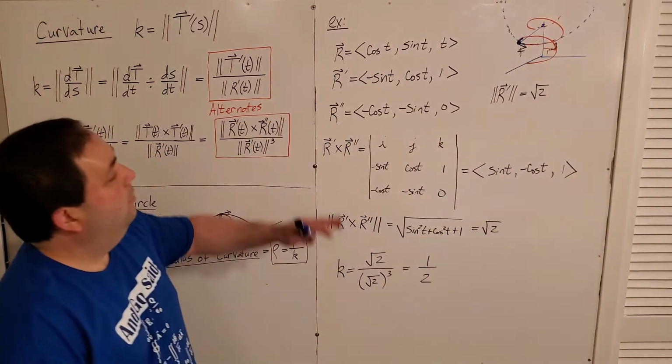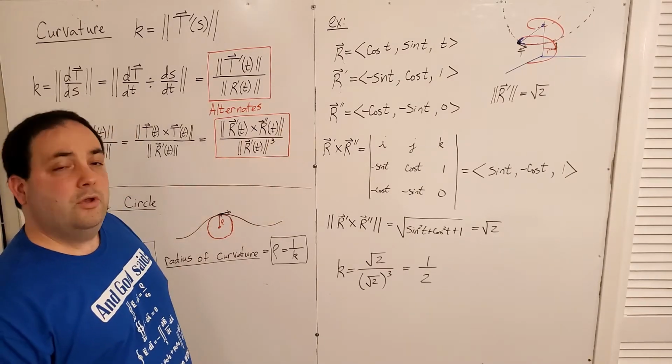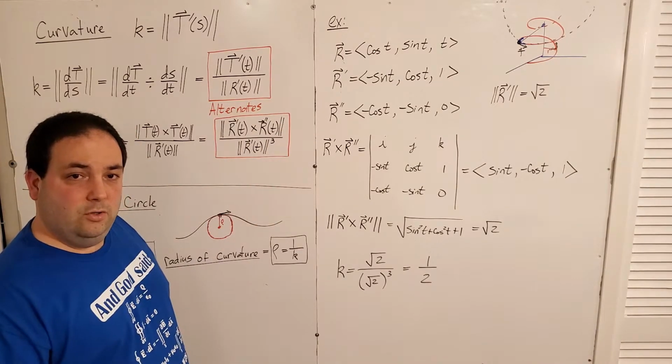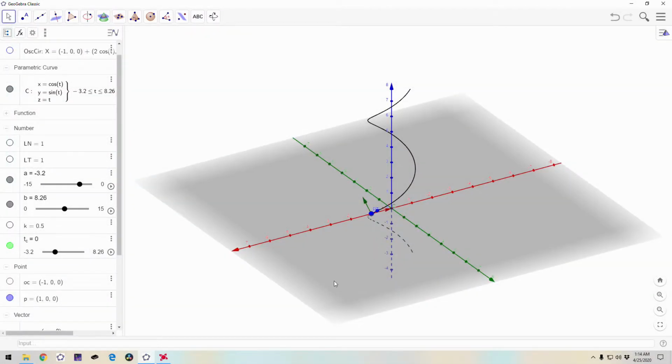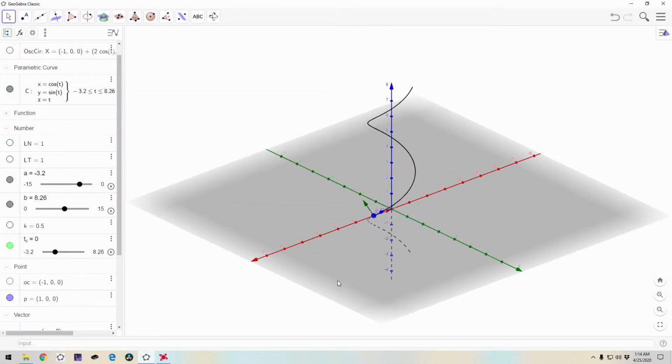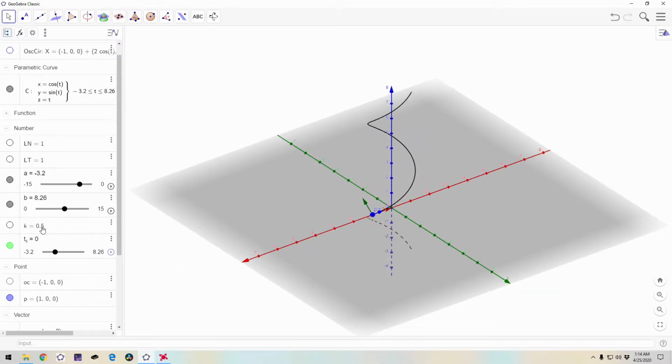So before the next example, go take another quick look at the GeoGebra thing you can take and see what the oscillating circle looks like. Same function. I'm starting it back at 0 again. But this time, instead of just looking at the curvature, right, which we have here, I also want you to take notice of the oscillating circle, which is going to be the circle that fits into the curve as we discussed, right?